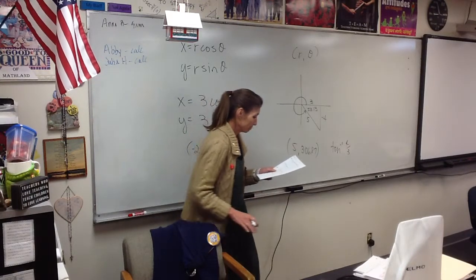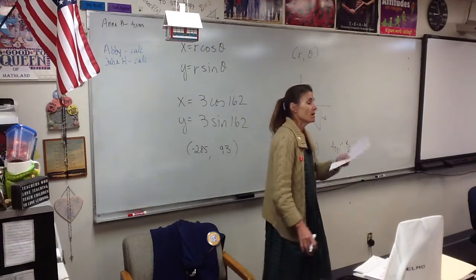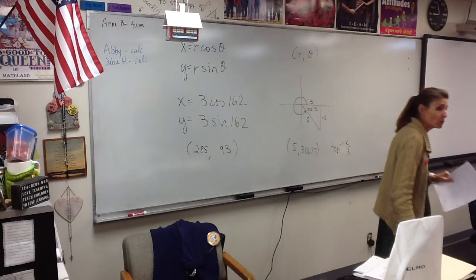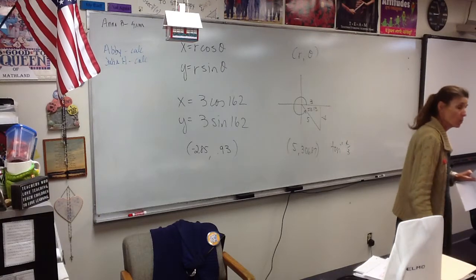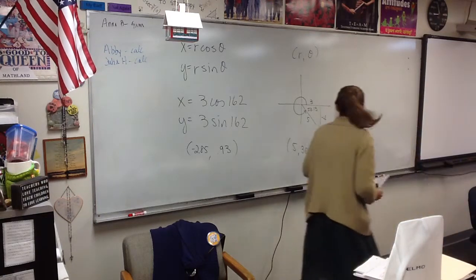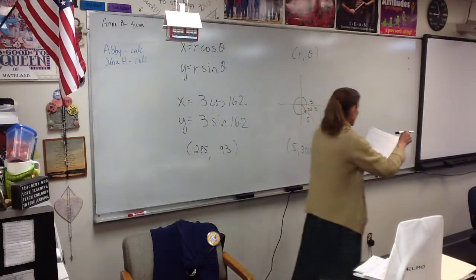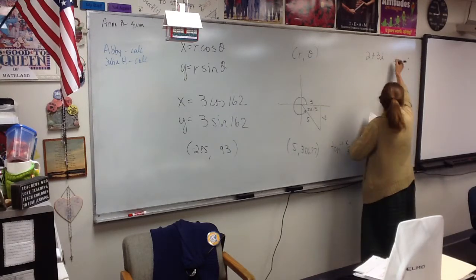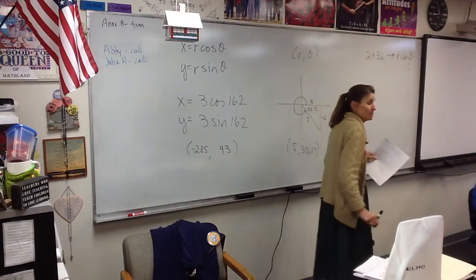Number 3, convert to polar form. Okay, now stop. Anytime they say polar, you know you're looking for R and theta. We just did that, didn't we? Now we're going to do it again. Problem 3 is the same thing, only it's written like this, which means we're looking for our CIS notation.